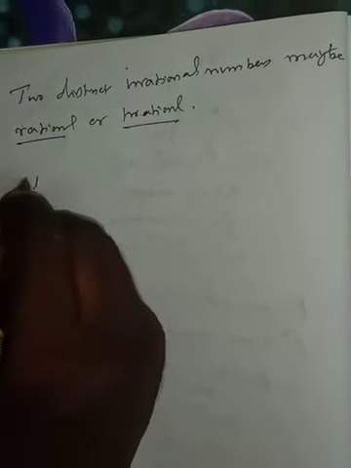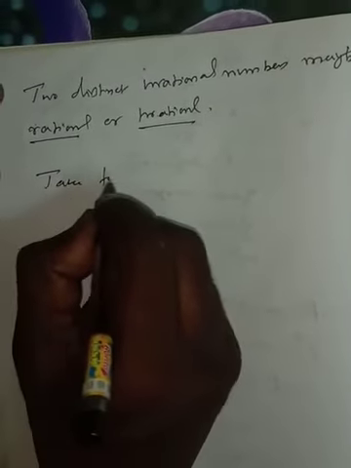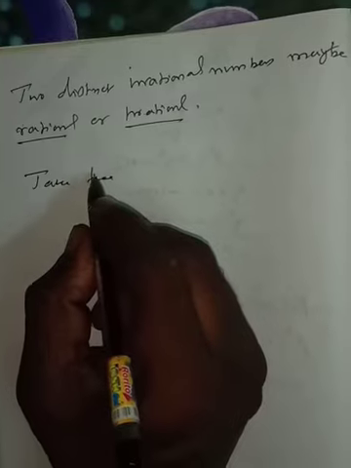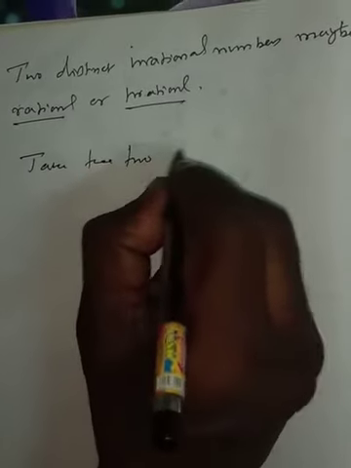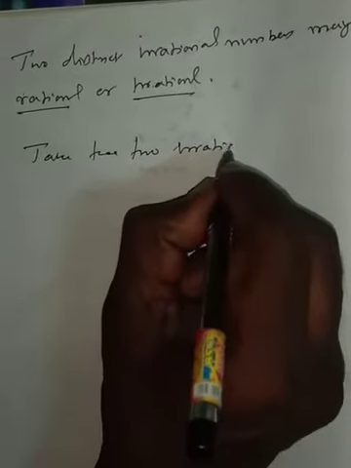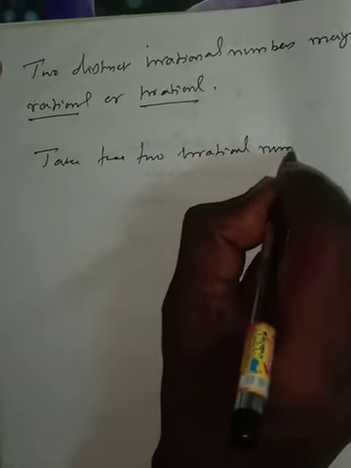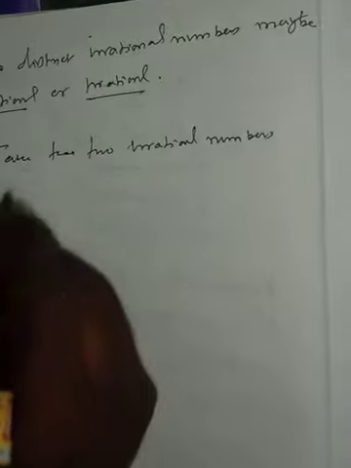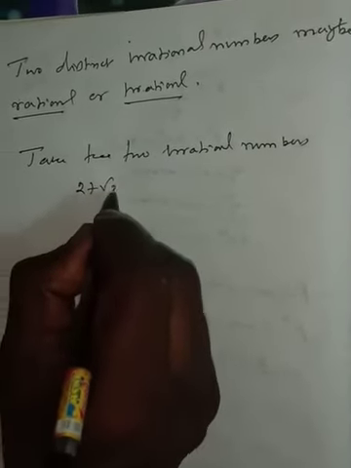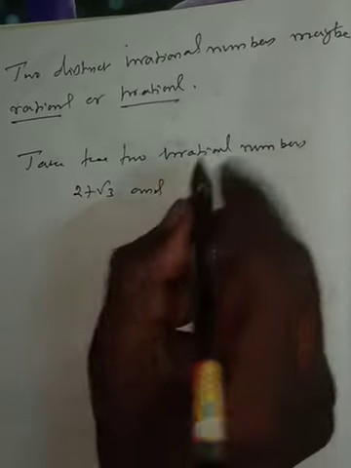Take the two irrational numbers, 2 plus root 3 and then root 3.